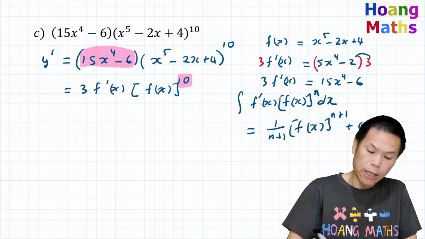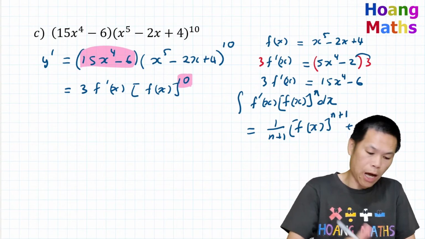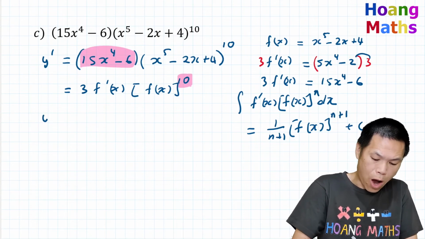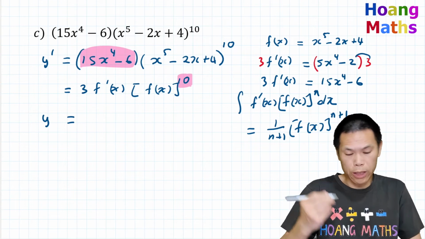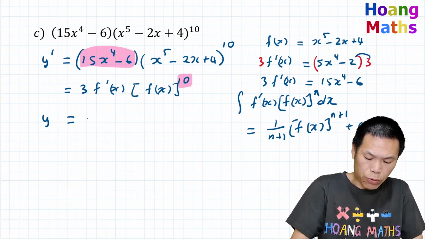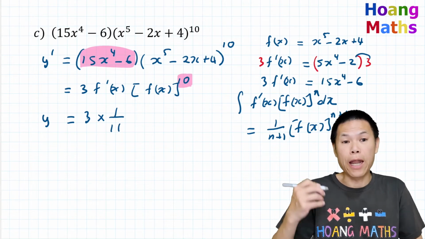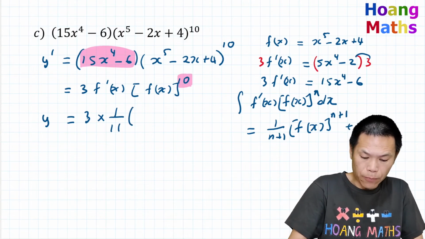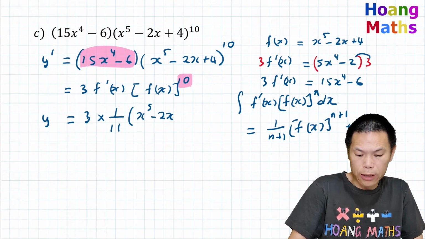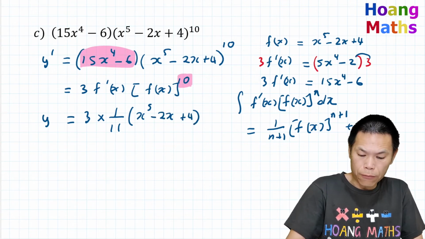So now what we do, we just compare. So this is 10, so n is 10. We add 1, becomes 11. So y is equal to, because we integrate, the 3 we just bring down, we times by 1 over 11. And f(x) is x^5 minus 2x plus 4, power of 11.